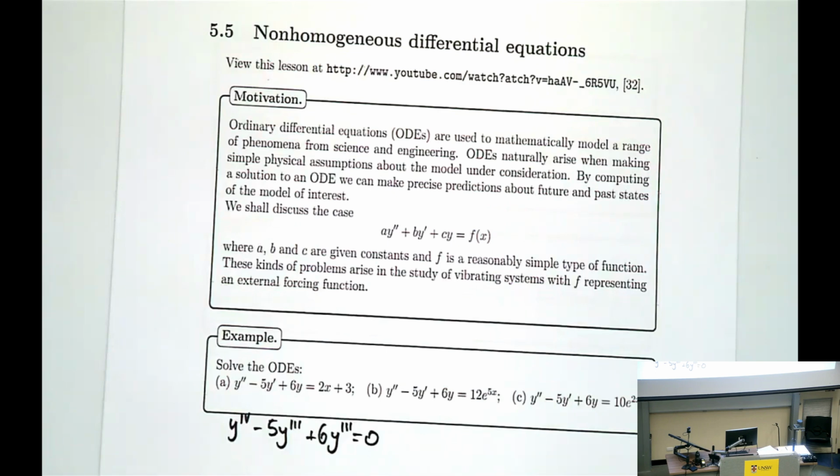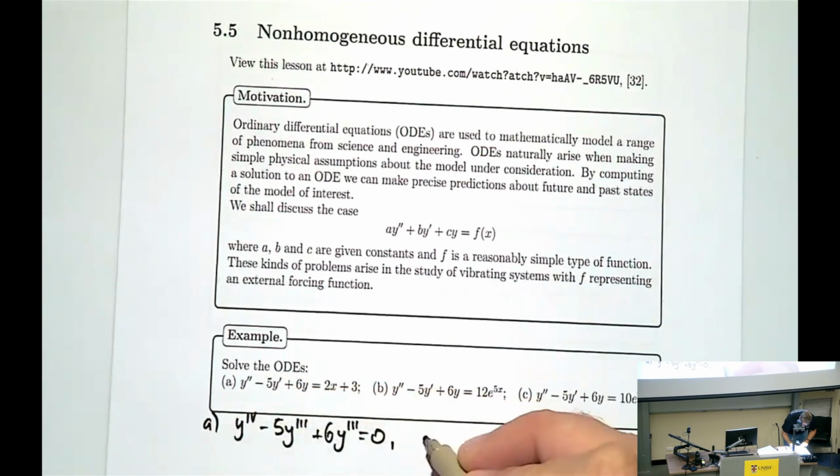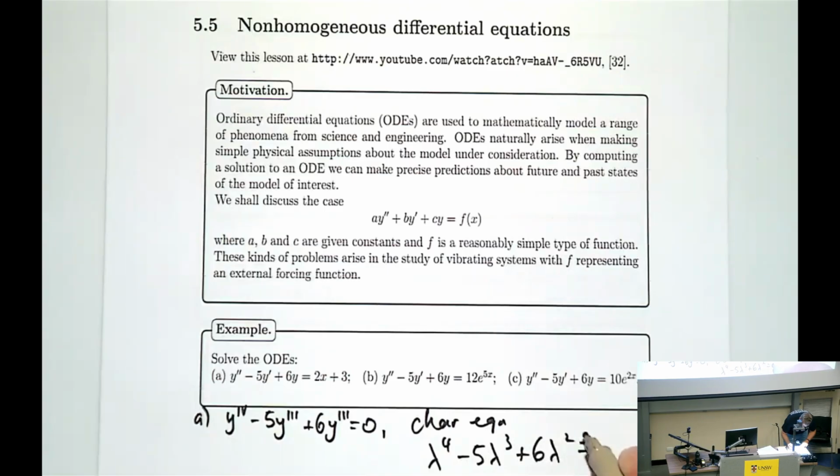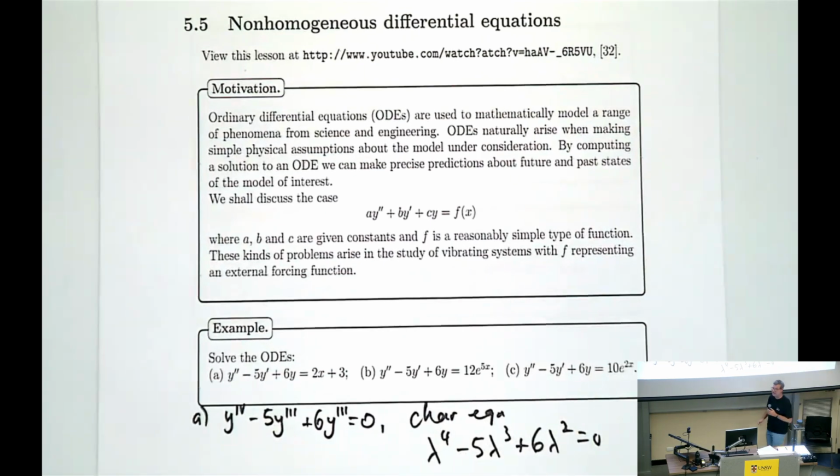So what is the characteristic equation for this? It's going to be lambda to the power 4 minus 5 lambda cubed plus 6 lambda squared. Am I right? Okay? So how can we solve this? Well, luckily there's a common factor of lambda squared.